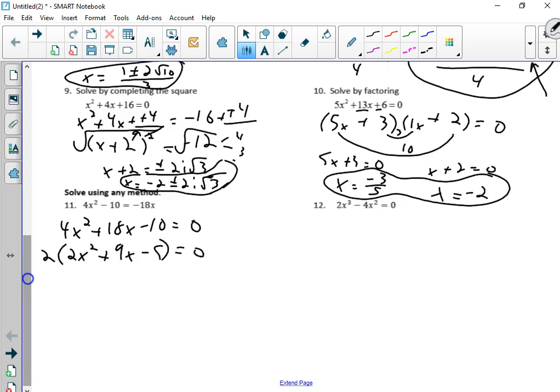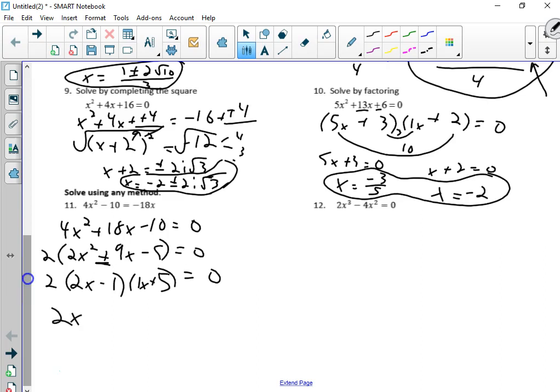The nice thing is now, 2 is prime, 5 is prime. I just got to figure out where the 5 and 1 go. I need them to differ by 9, so I need to make 10 and 1. I want more positives, so the 10 is positive and that's negative.